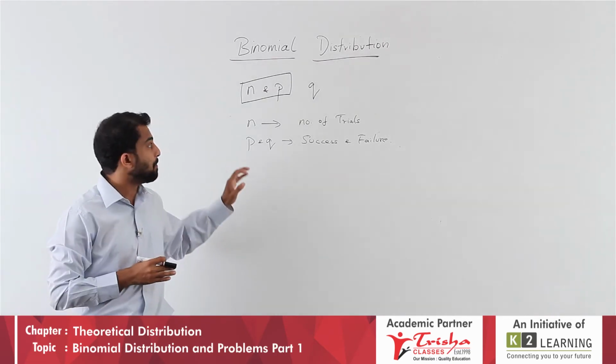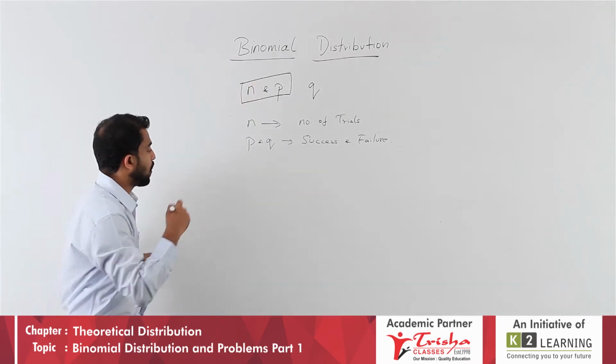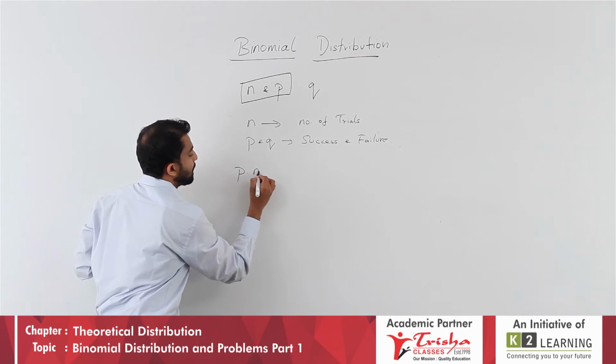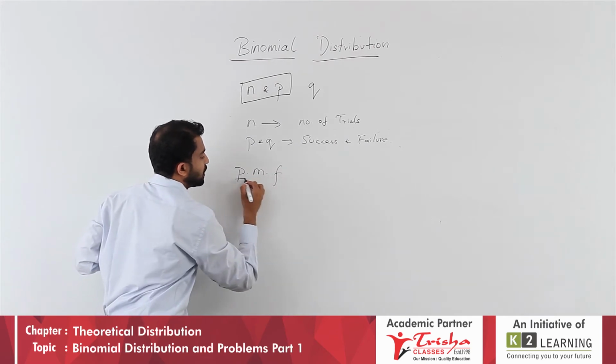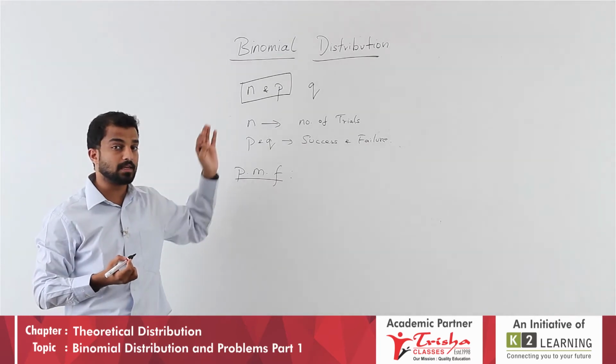Understand students, binomial distribution also has something called the probability mass function. And what is the probability mass function for a binomial distribution?